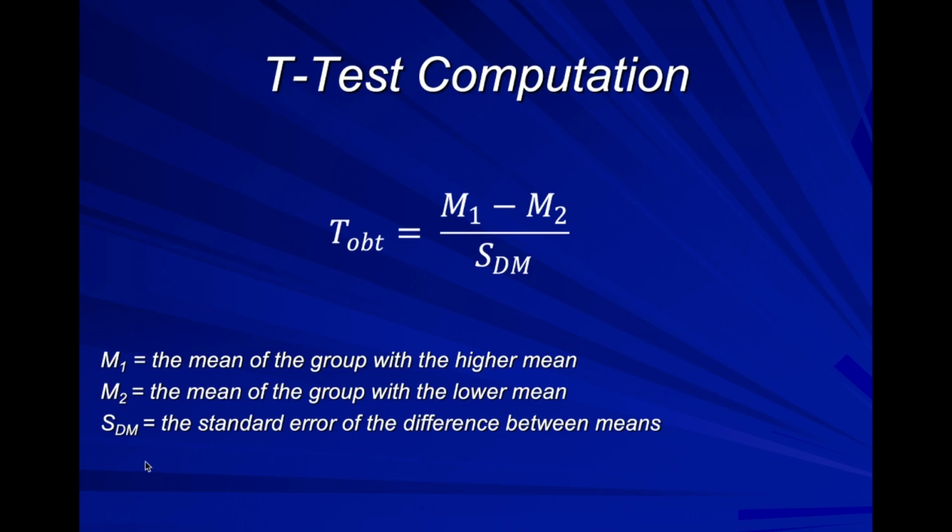Now this is the standard error of the difference between the means. So when you have two means or more, SDM, the standard error of the difference between the means, is a combined standard deviation. Let me say that again. SDM is a combined standard deviation of two means.